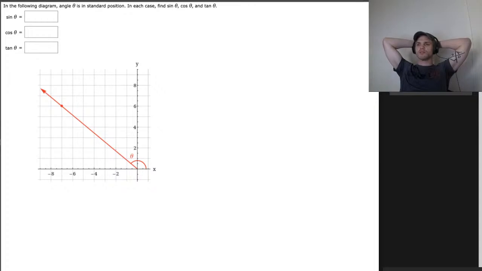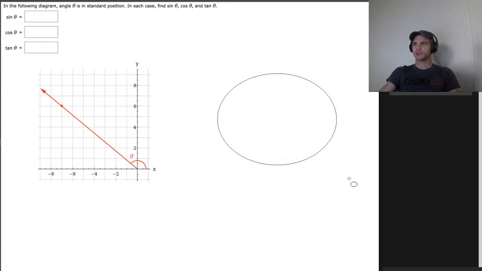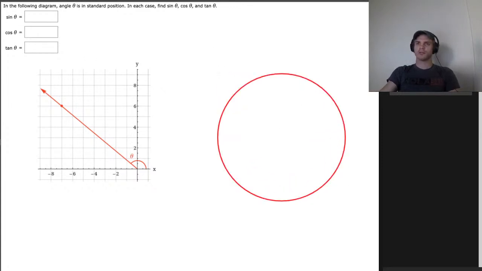Let me think about this. I'm questioning which side is the opposite, which side is the adjacent. That's what's going through my mind right now.